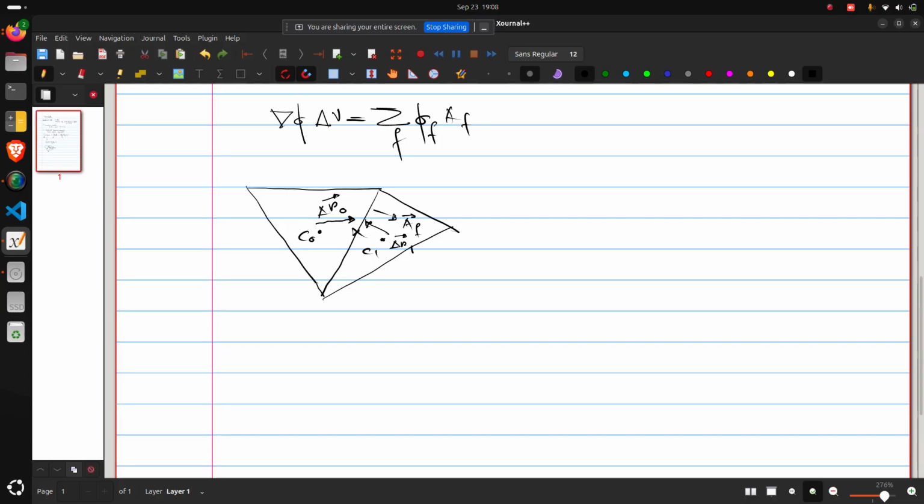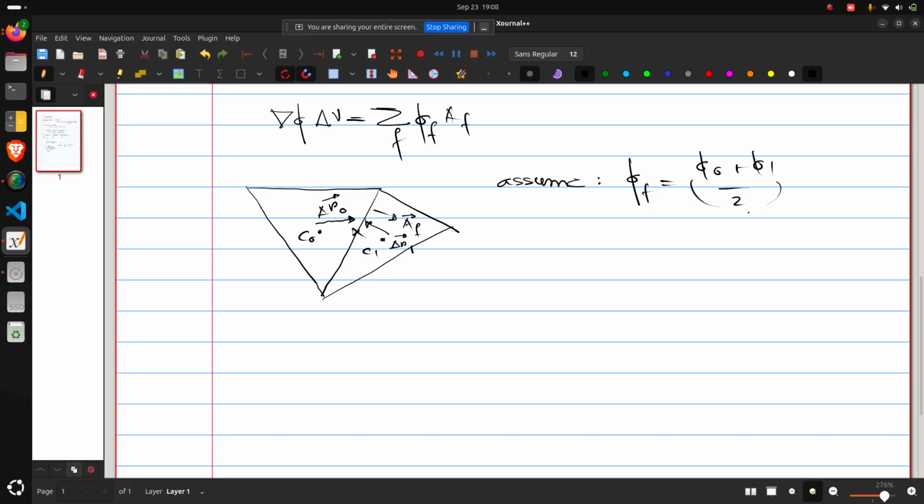Okay, now we can first make a basic assumption. We'll assume that we are agnostic of the fact that delta r0 and delta r1 might be different for both the cells. We just assume that the cell centers are equidistant from the face center, and we can just take an average of the two cell centers, phi 0 plus phi 1 by 2.